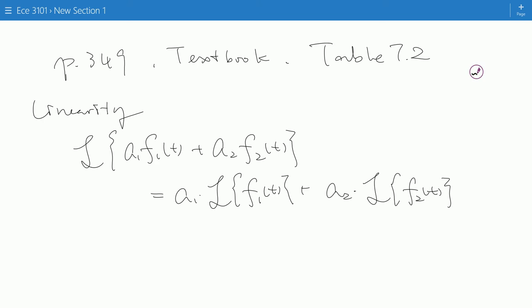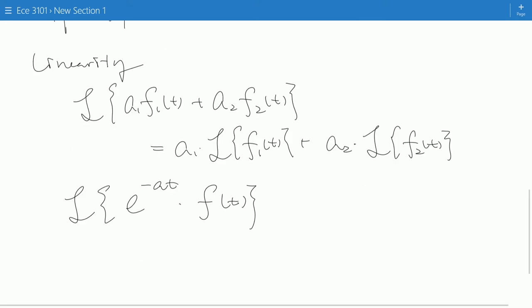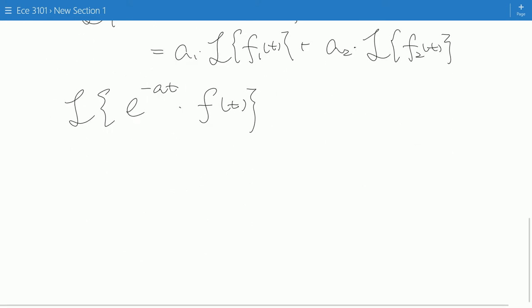Now, another thing we can do is something like this. What if we want to calculate the Laplace transform of e to the power negative at times f(t)?